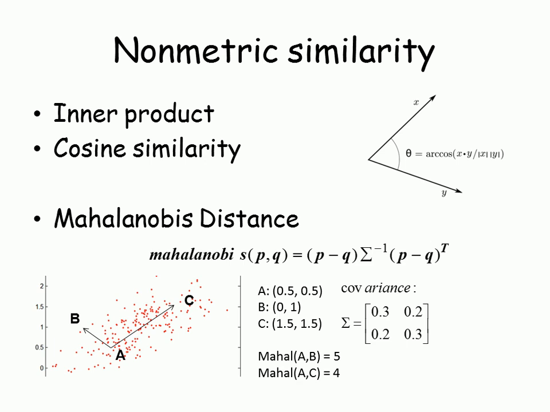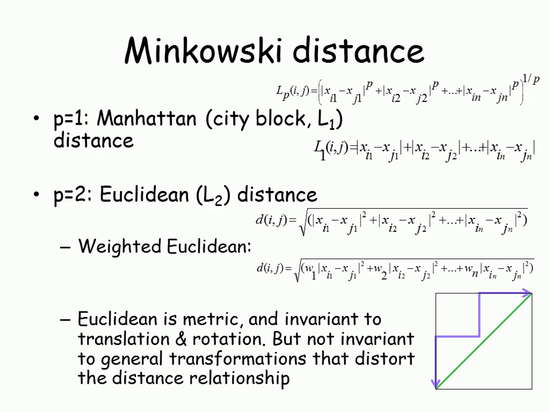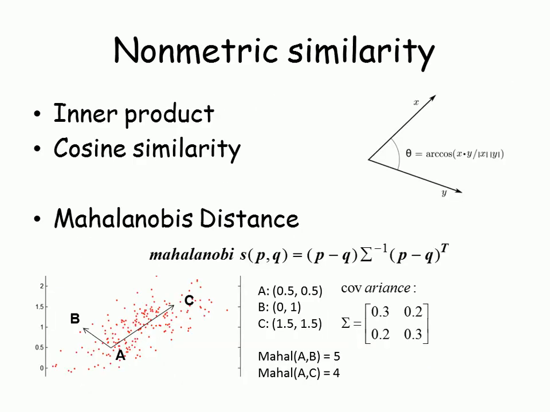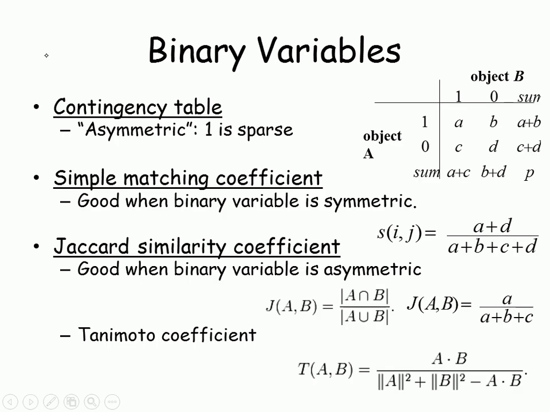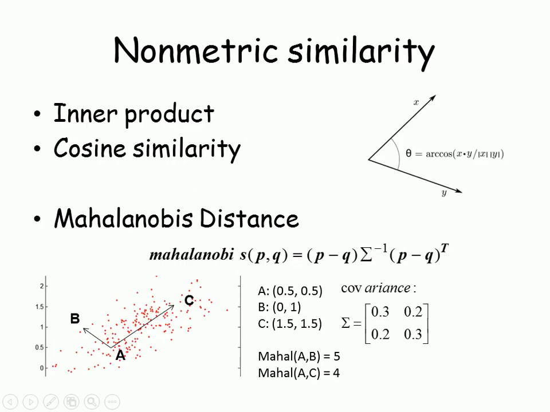So these measures are metric, but there are also some non-metric measures. Non-metric means they don't usually satisfy triangle inequality. If I am similar to somebody and we have a third person similar to that somebody, you would assume that me and that third person are also similar.